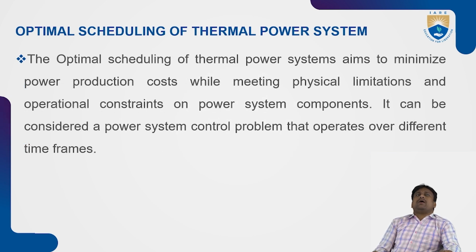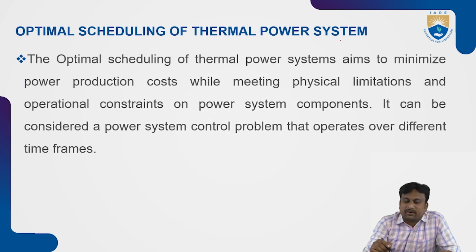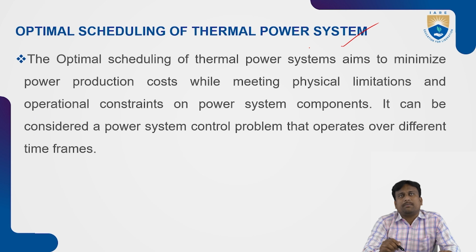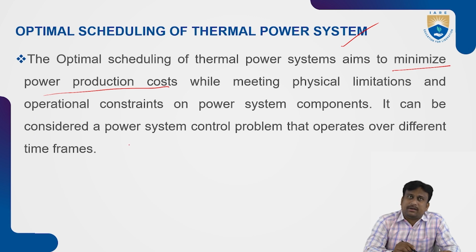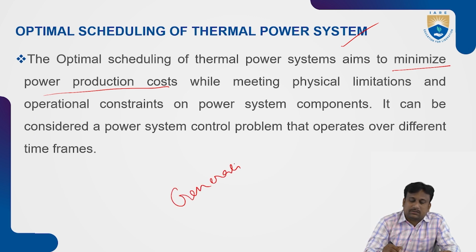The next case is optimal scheduling of thermal power system. What is optimal scheduling of thermal power system? It means minimizing the power production costs, and it completely depends on economic operation of the power system. So it mainly impacts the generation costs.